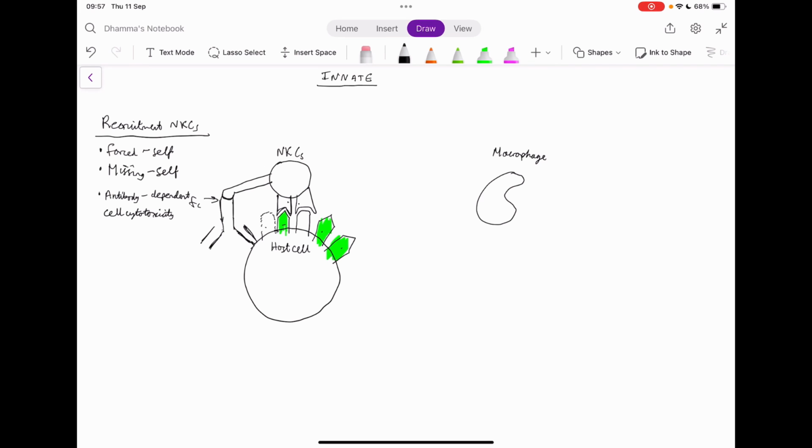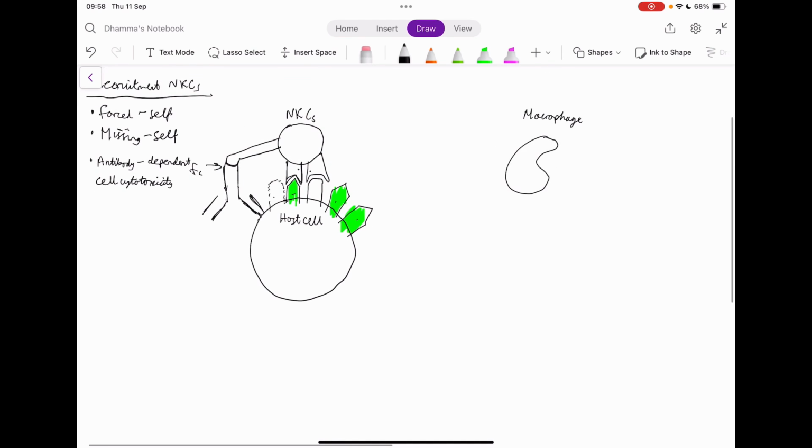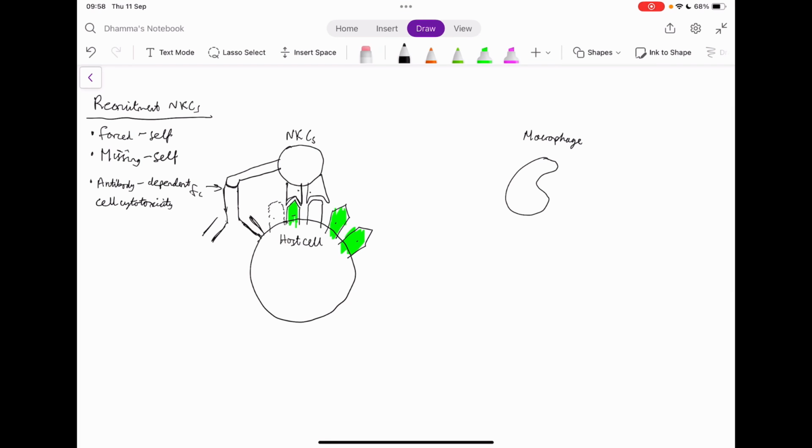So starting with, there's one more way in which they can be recruited, and that's outside of this host cell, and that is using these macrophages. So there's a relationship between NKCs and macrophages. Macrophages here release cytokines, as we mentioned, the little bombs, or I like to think of them as little bombs, but one in particular, CXCL8.